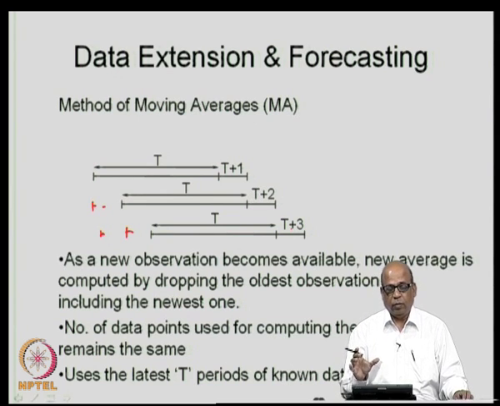So, essentially the window of time over which the average is taken is kept constant, and this window is shifted every time by one time step. The average is taken over the previous t time periods and used as the forecast for the next time period. So, we use the latest t time periods of known data, and this window remains constant. That means the number of data points used to compute the average remains the same across time as we progress.